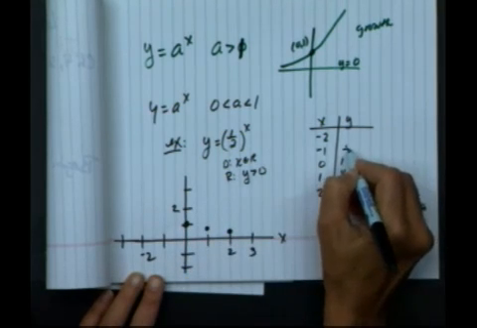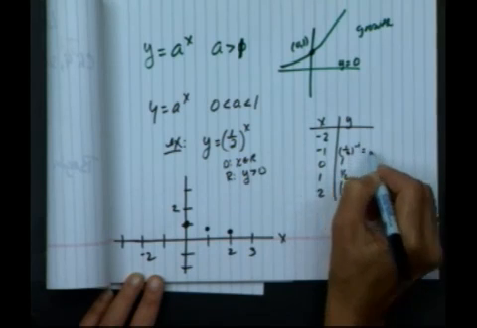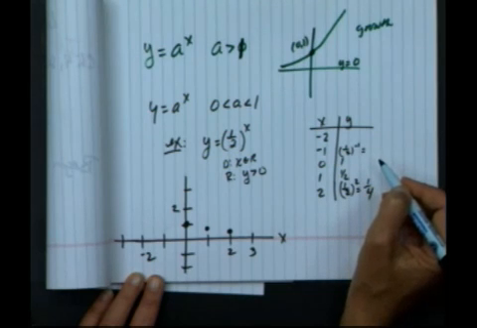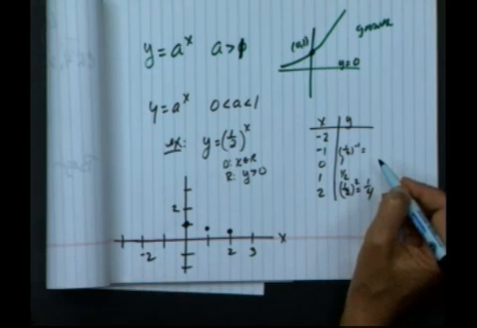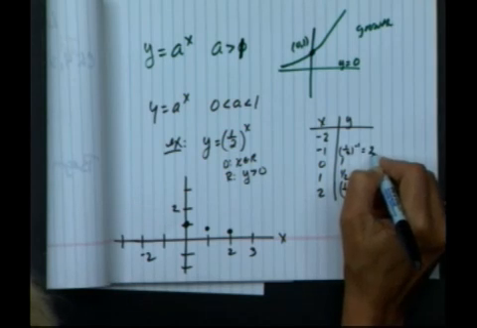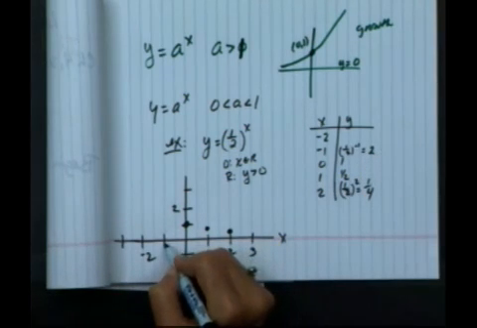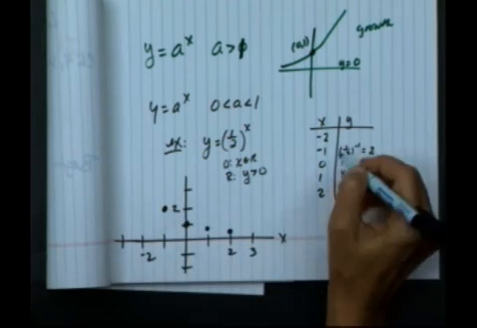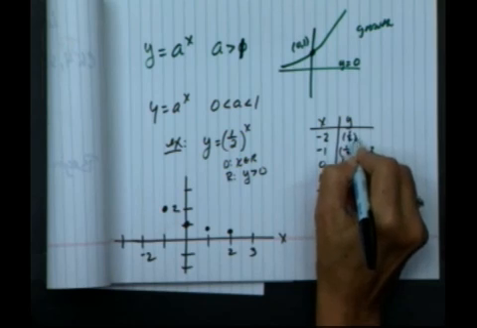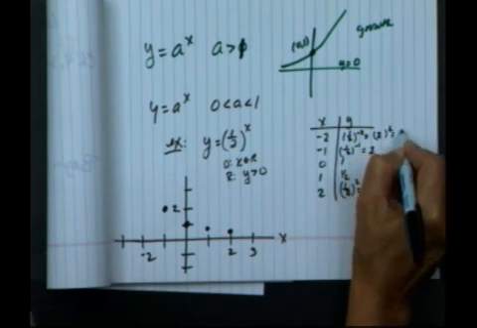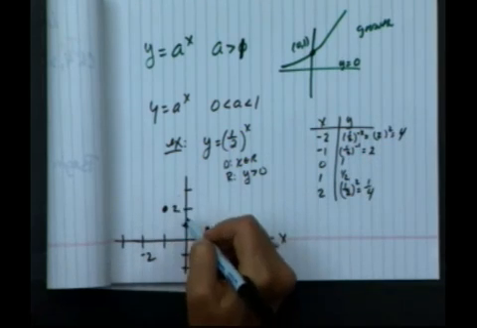What is 1/2 raised to the -1 power? You just take your reciprocal, right? So the reciprocal of a 1/2 is 2. So when x is -1, the y value is 2. And then what about 1/2 to the -2? That's the same thing as 2 squared, which is 4.